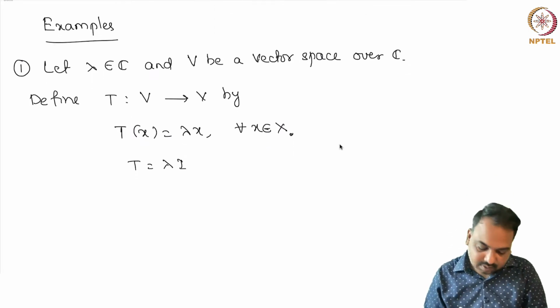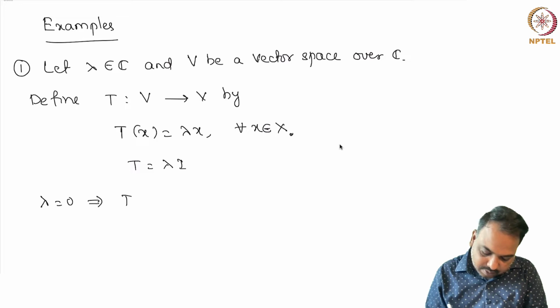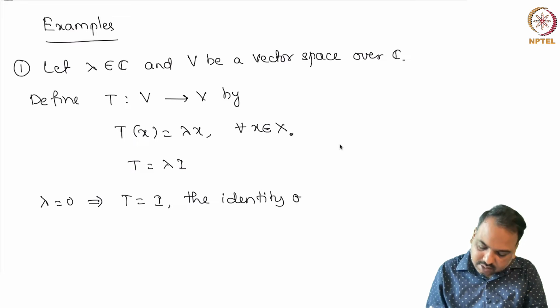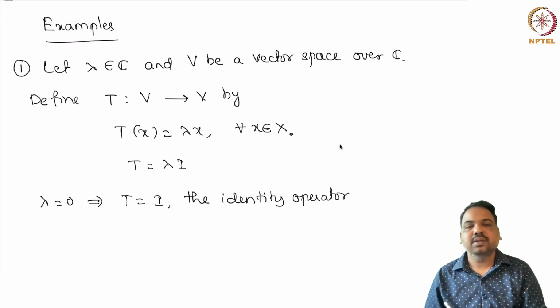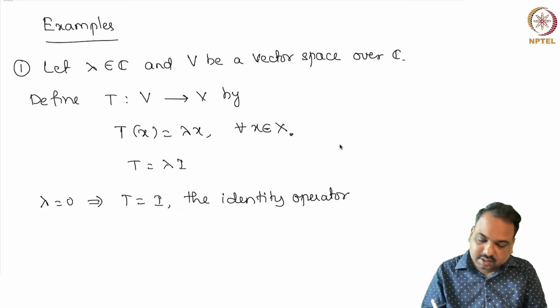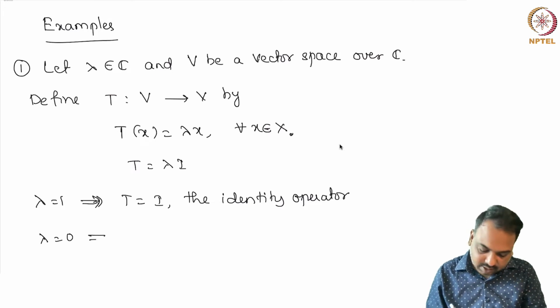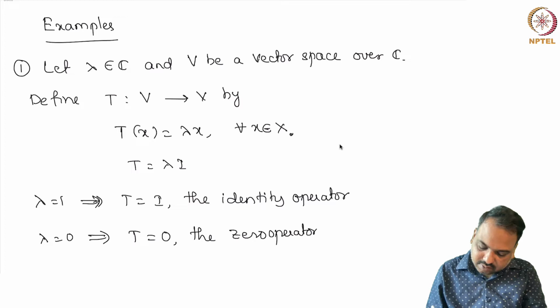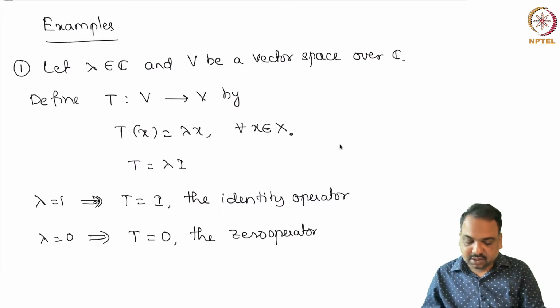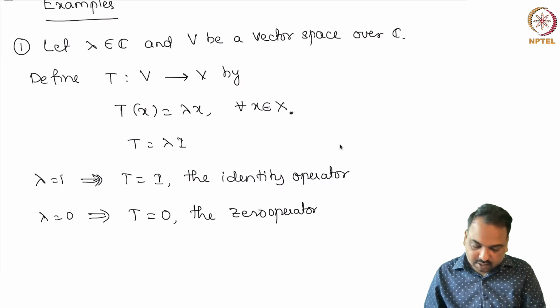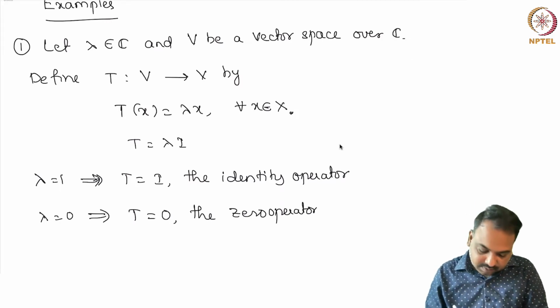When lambda equal to 0, we get T to be 0, the zero operator, which sends every vector of V into the 0 vector of V. It can be easily checked that T is linear.